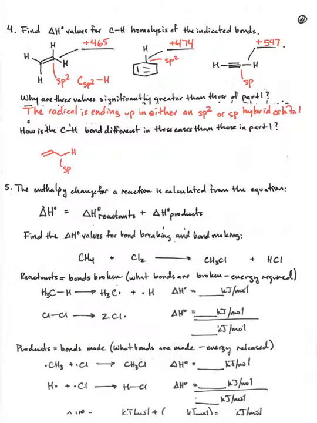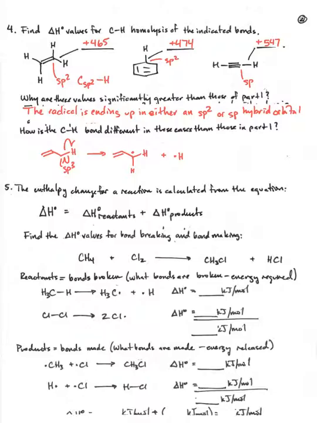where you have an sp3 hybridized carbon, and we're homolytically cleaving that CH bond. Keep in mind you're left over with 2 hydrogens on that carbon, plus you have your hydrogen radical.